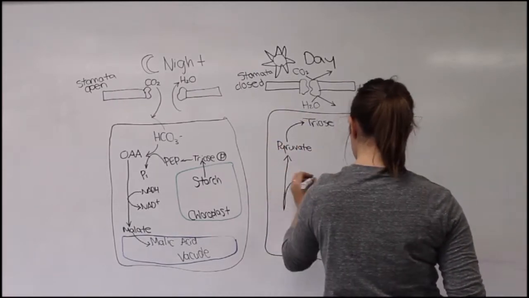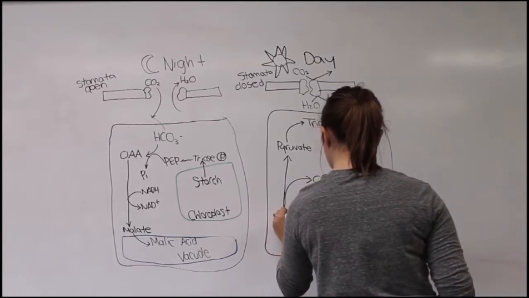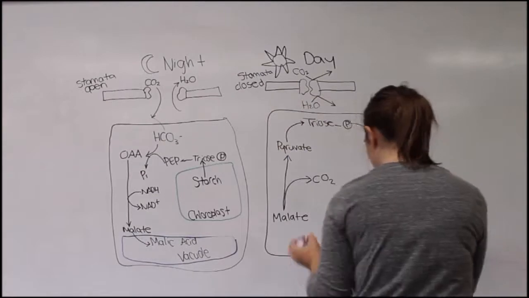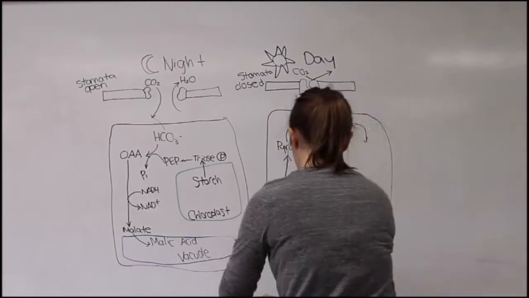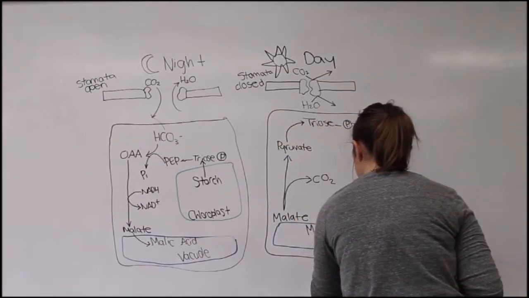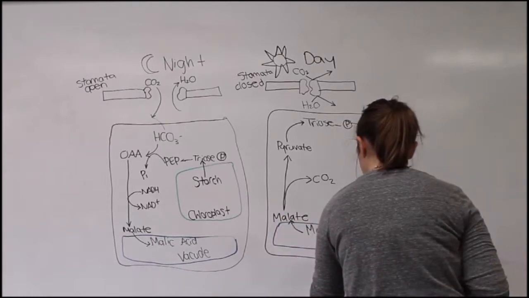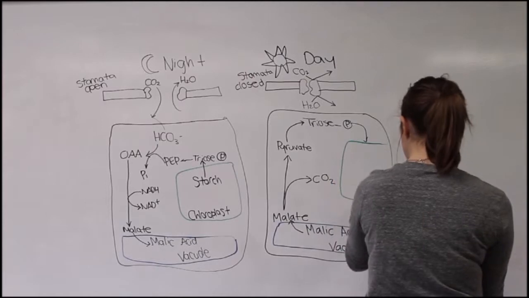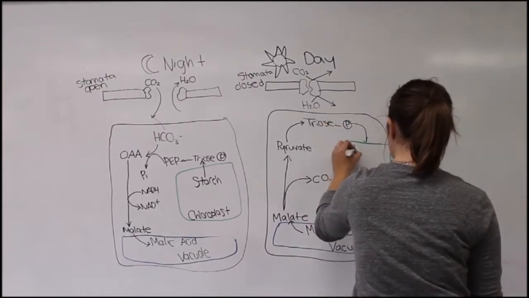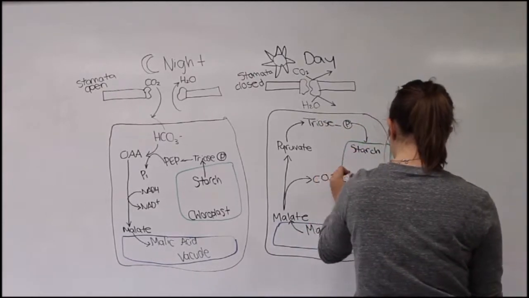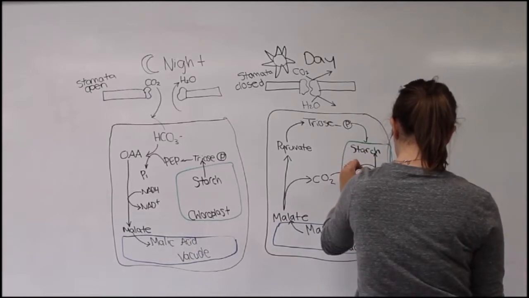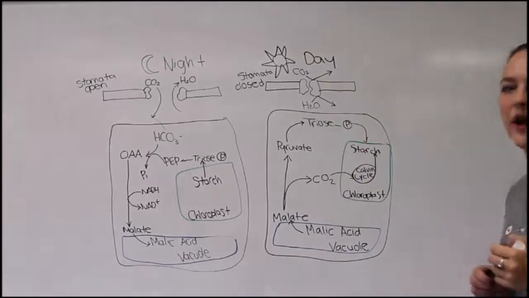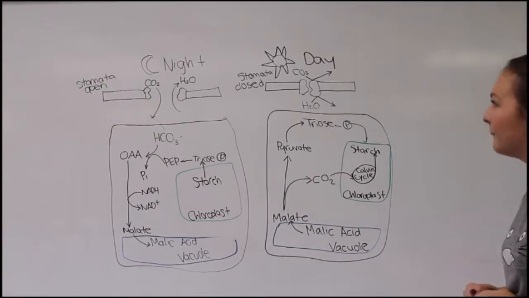Daytime has almost the opposite happen as in the nighttime, where malic acid becomes malate again, loses its carbon dioxide, which is used to feed the Calvin cycle, and then the pyruvate is used to form triose. Triose then forms starch.